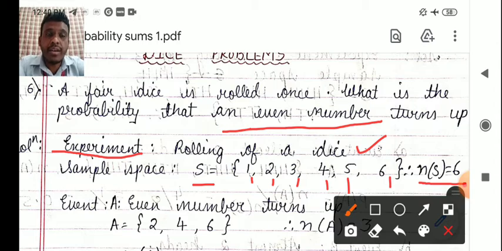So these are the possible outcomes and hence it is the sample space. We are not going to get any other outcome, so it contains all the possible outcomes of the experiment. So what is your n of S, that is, the number of items in the sample space? If we count the number of items, we get 6.